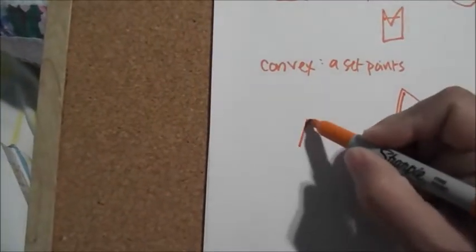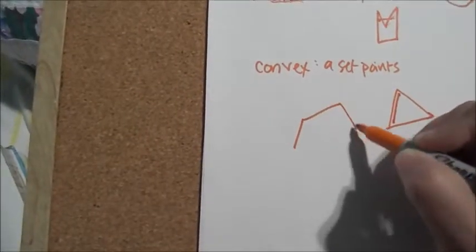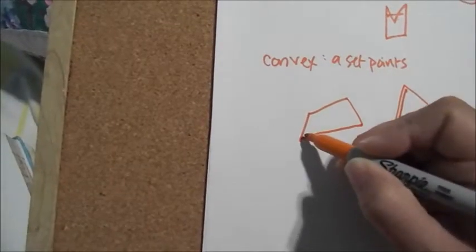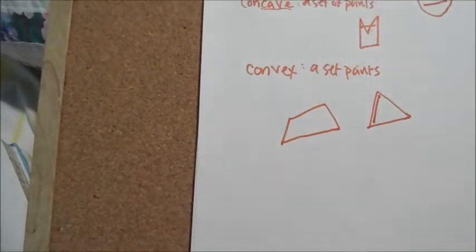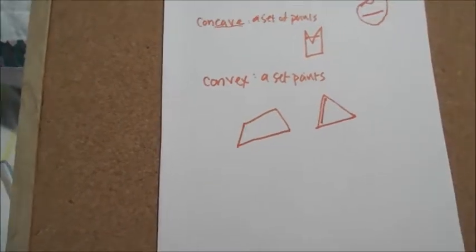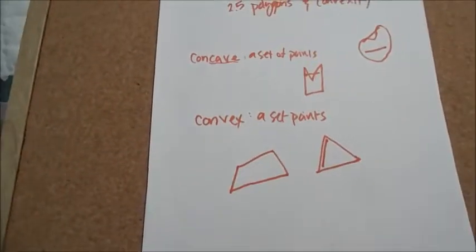So sometimes they look even, this is also convex. There's no 2 points I could draw anywhere and connect their line and have the line end up going outside of the area. That's what it means to be concave and convex.